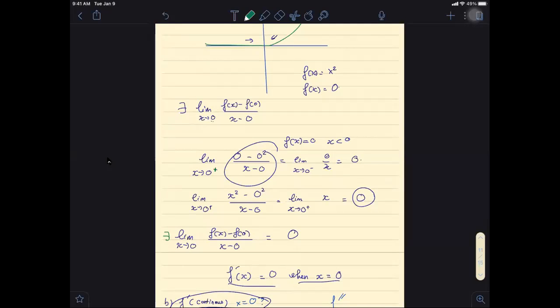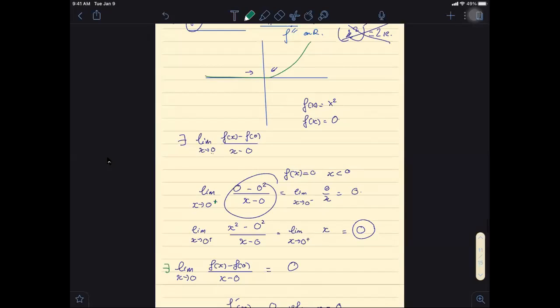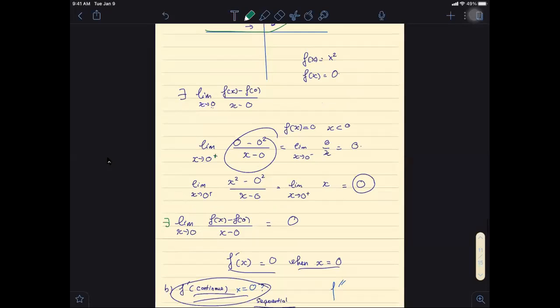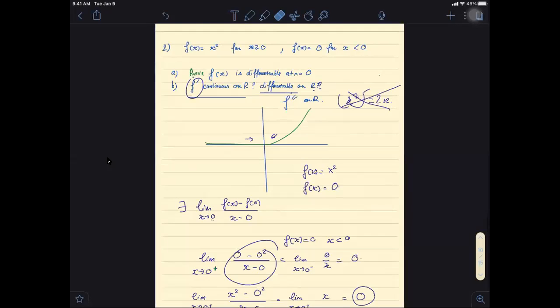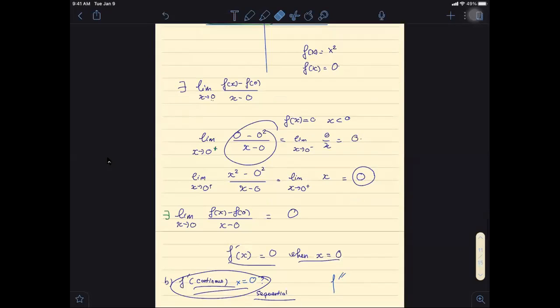Where did you put a minus? This minus. Yeah, because we have this thing right here, right?